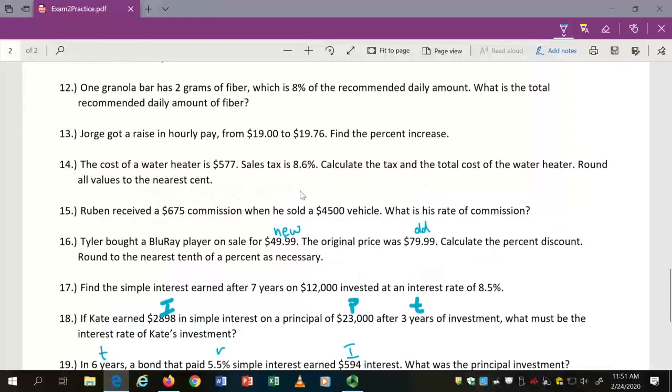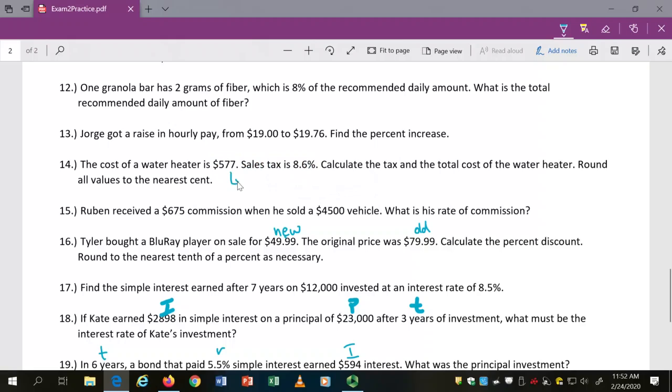Yeah, so in 15, I gave you the dollar amounts, like the commission and the price. So it was a division problem. In this case, I gave you the cost and the tax rate. So how do you calculate tax on an item if you know the value and the percentage?